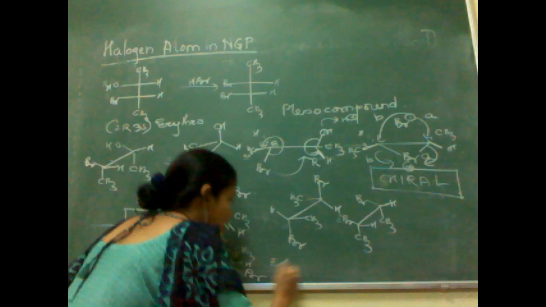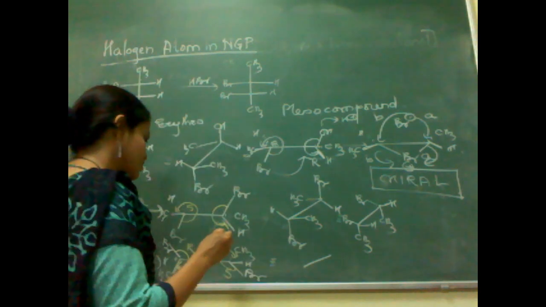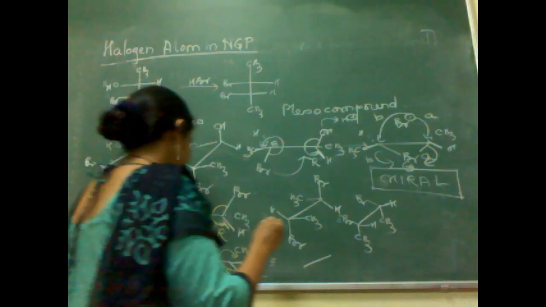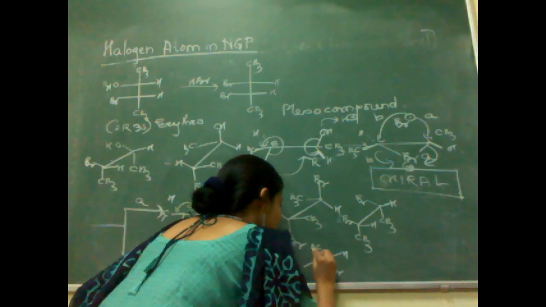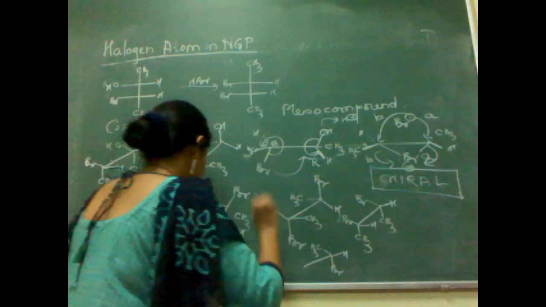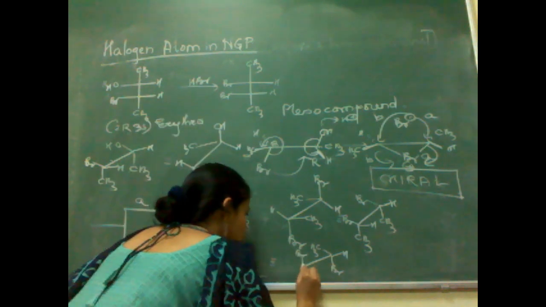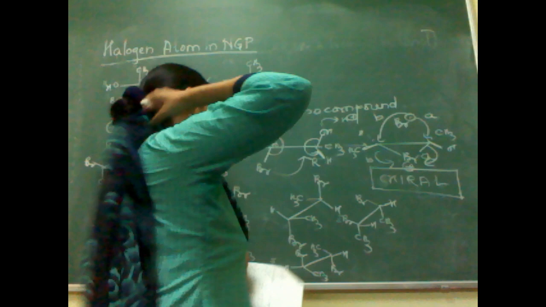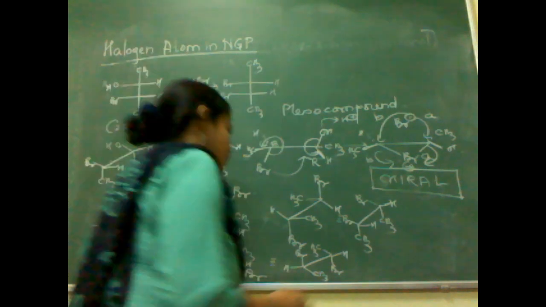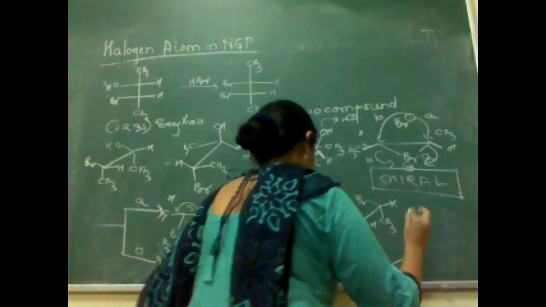Now if you look at this structure, you have the bromo group, then hydrogen, then this methyl group, then bromo group, then methyl group, and this hydrogen. So once you get this, you can interconvert.